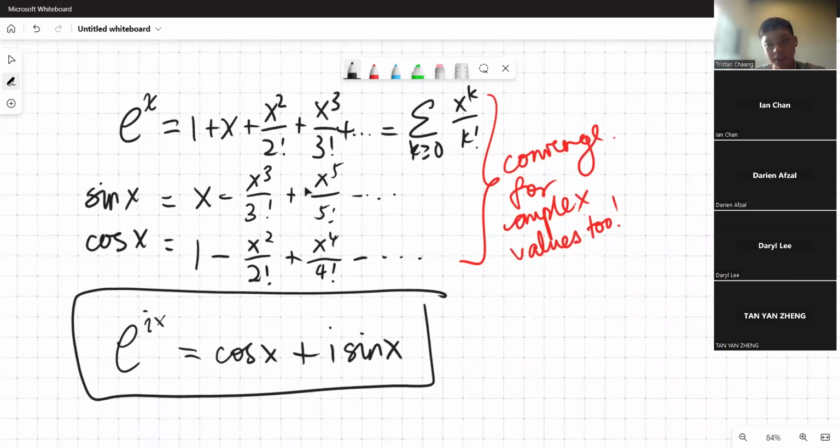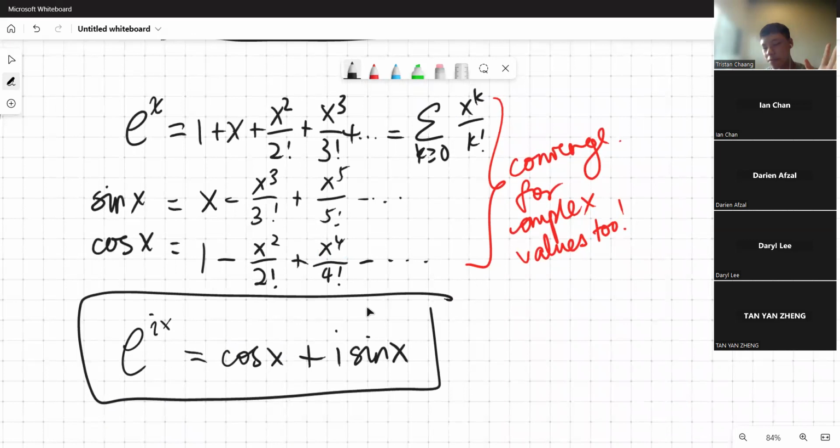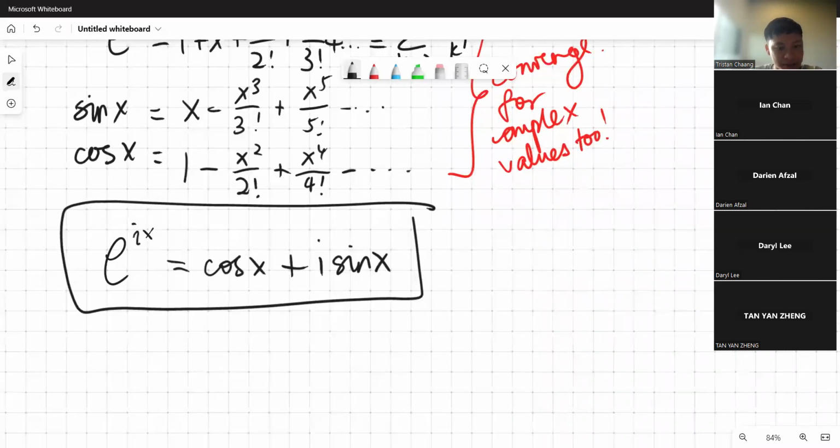But apparently all of these power series are integrable, so you can do such a thing. To be very precise, you have to read up real analysis and complex analysis. But of course, the Olympiad syllabus doesn't really require that sort of technicality. So the point is, you can prove this just by using the power series here.